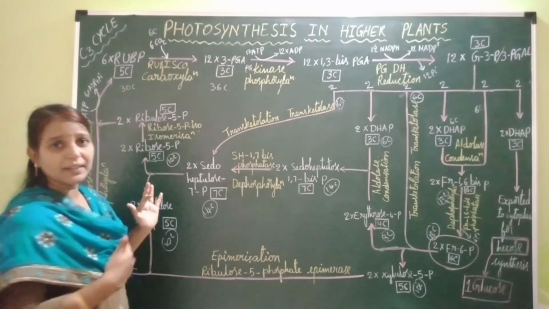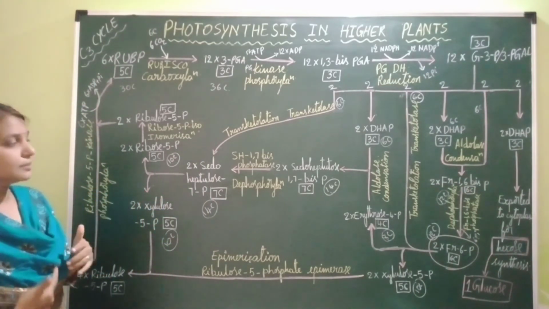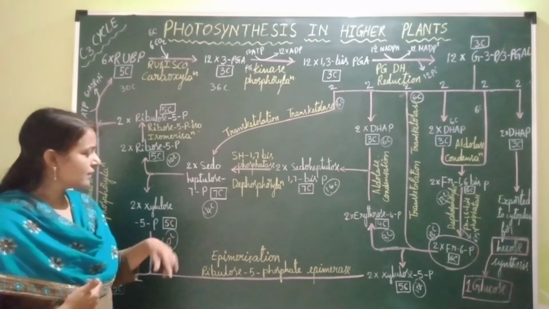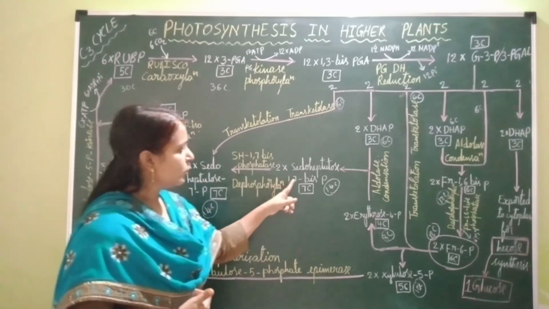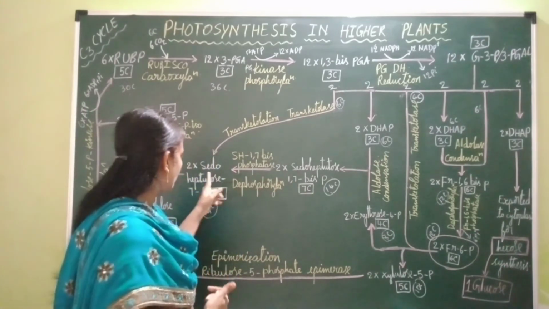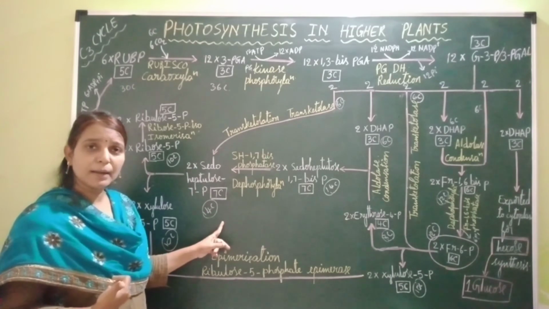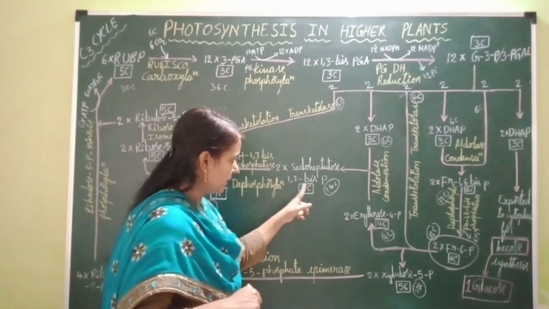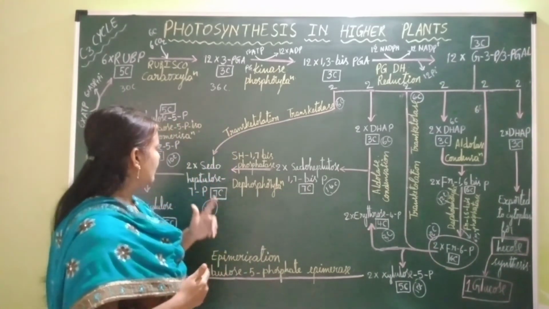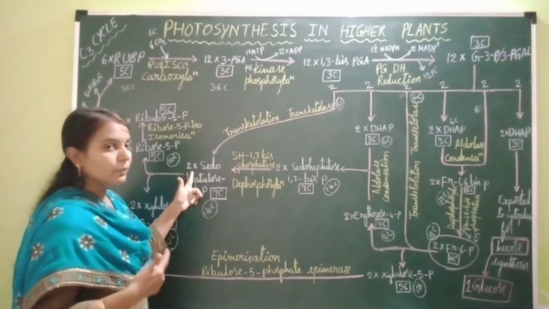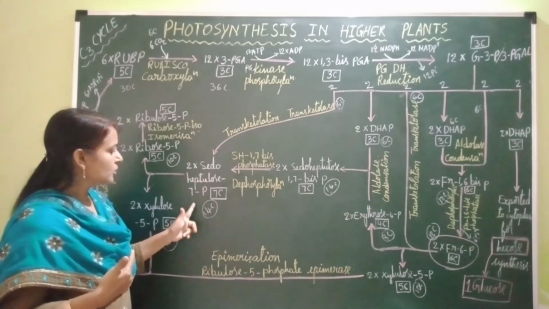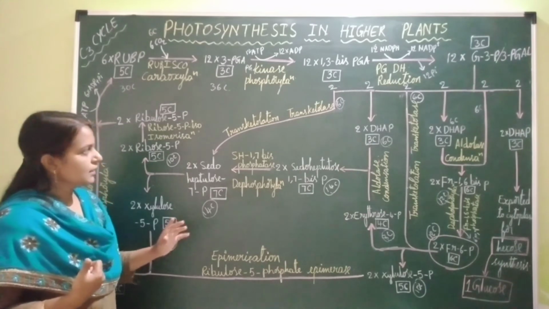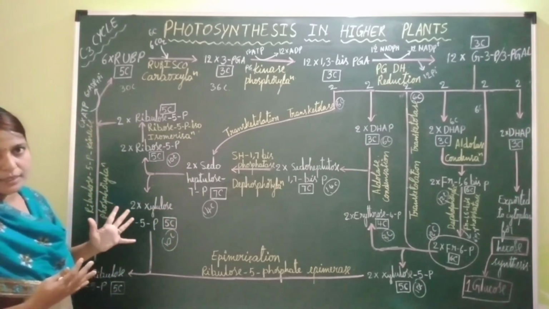Right. Next, the 7 carbon compounds which are the intermediates formed during this regeneration. The 7 carbon compounds are pseudoheptulose 1,7-bisphosphate and pseudoheptulose 7-phosphate. How many? 2 molecules of pseudoheptulose 1,7-bisphosphate and 2 molecules of pseudoheptulose 7-phosphate. So this is all about the intermediates.